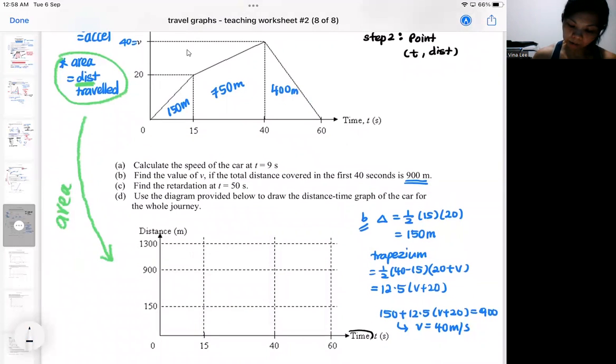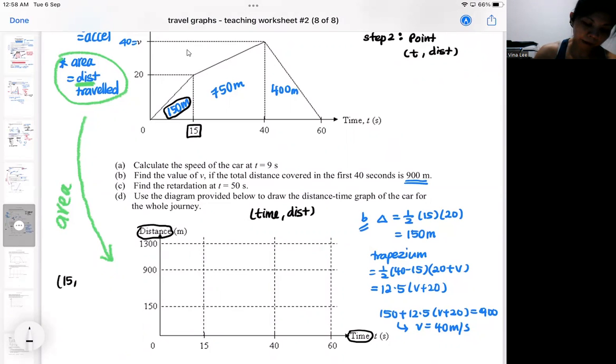You can see this one is the time and then this is the distance. So the coordinate will be time and distance. So how do you plot the time and distance? So 15 seconds, the distance is 150. 40 seconds, the distance is 900.